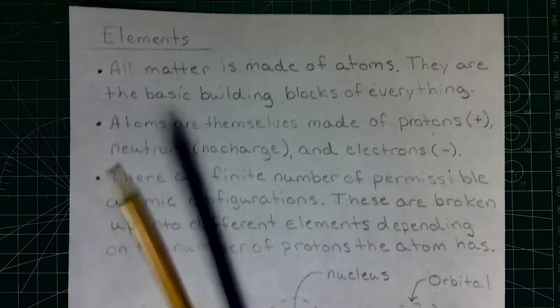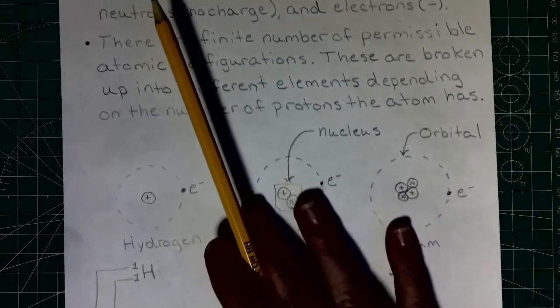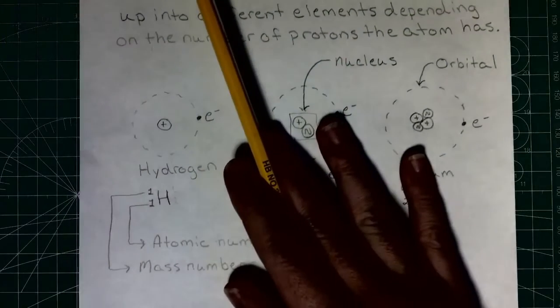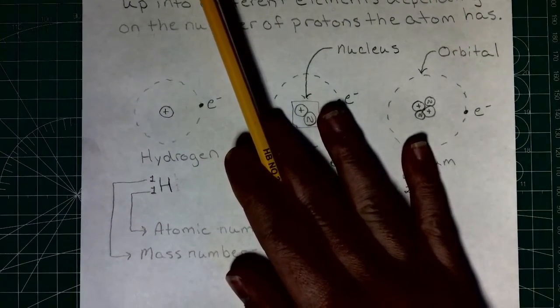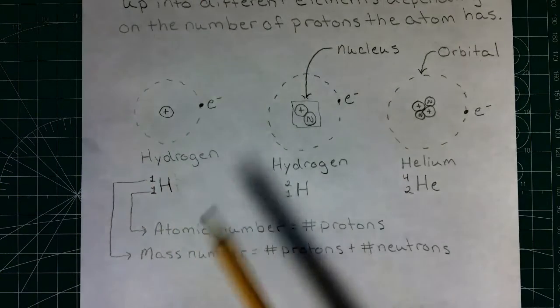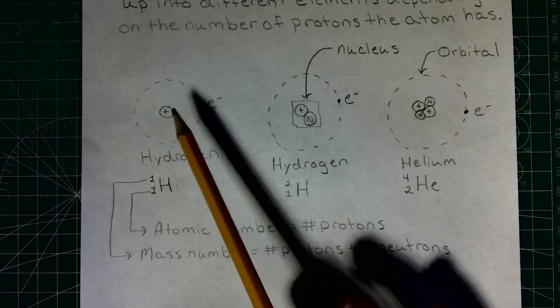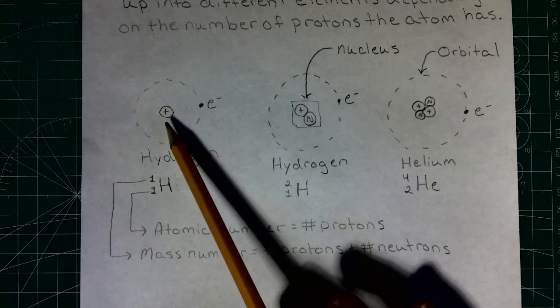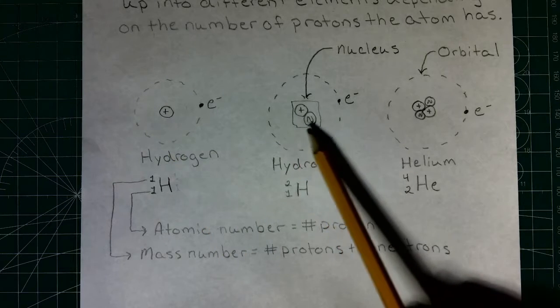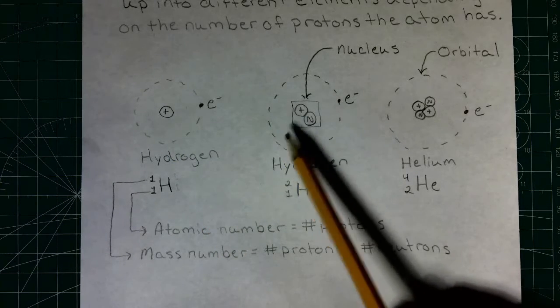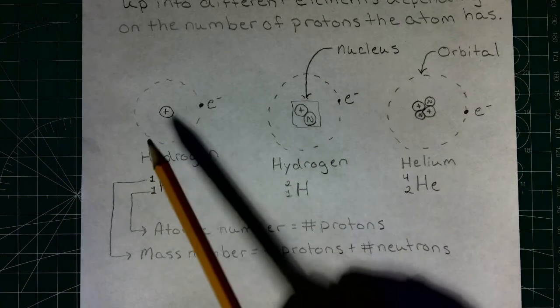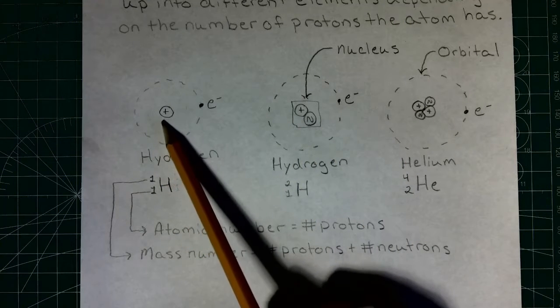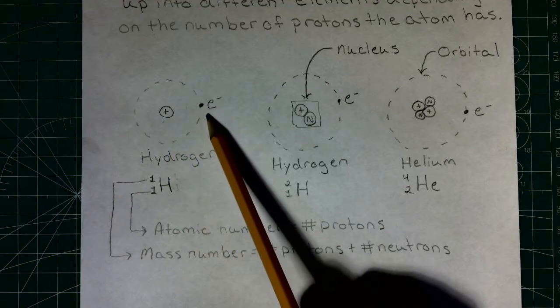So let's look at a little example here of the most simple case that we have. We could have one proton, and it's going to be right in the center of our atom in something that we call the nucleus. And with that one proton, we're going to have one electron.